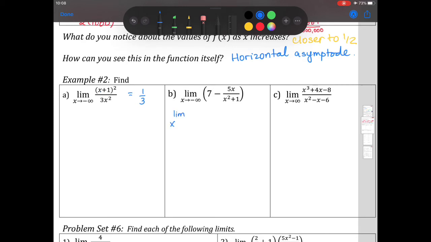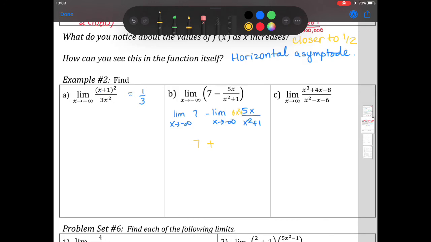This one, I can choose to write it separately, or if you can determine it without writing it separately, it's not bad. Minus limit as x approaches negative infinity of 5x over x squared plus 1, right? Limit of any number is just 7 plus, if you don't remember that the degree of the numerator is less than the degree of the denominator, so what will happen?